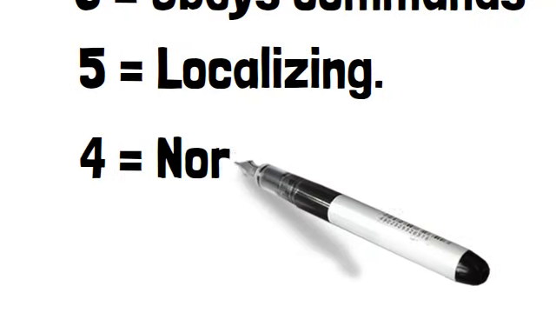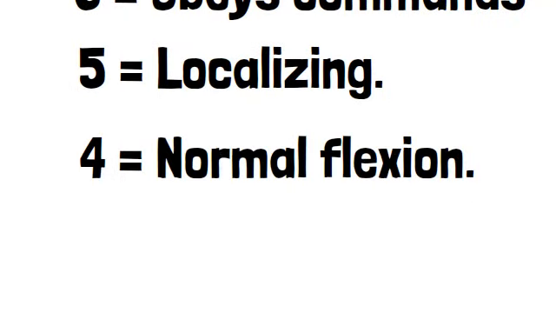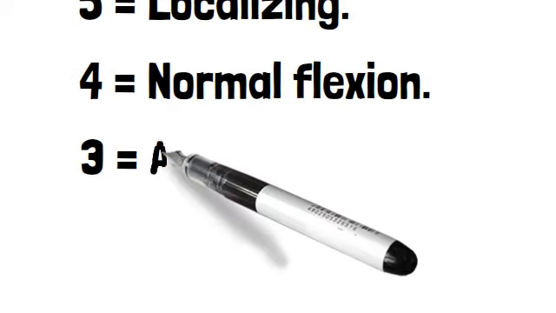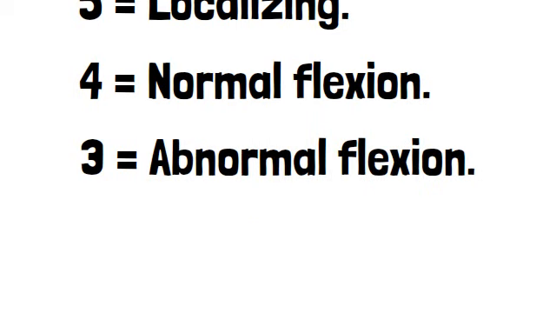A patient who responds to the pressure on the trapezius muscles with normal flexion is allocated a score of 4. Normal flexion is described as rapid elbow flexion away from the body. A patient who responds to pressure on the trapezius muscle with abnormal flexion is allocated a score of 3.